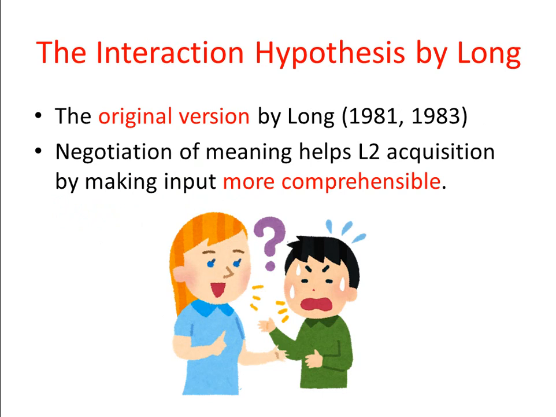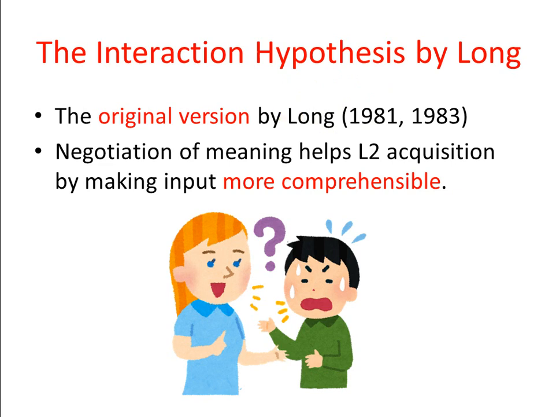Okay, now we are more or less ready to talk about the interaction hypothesis. And there are actually two versions of this hypothesis. Both versions were proposed by the same researcher, and the original version was proposed in the early 80s by this researcher called Long.